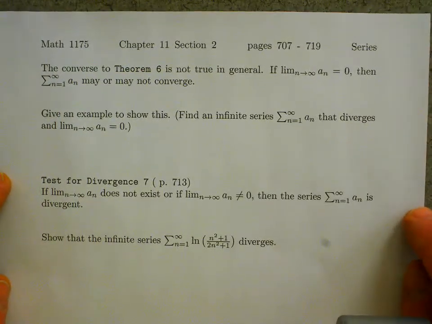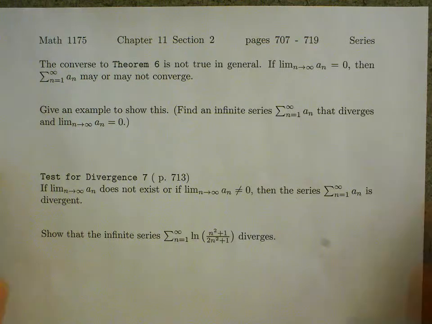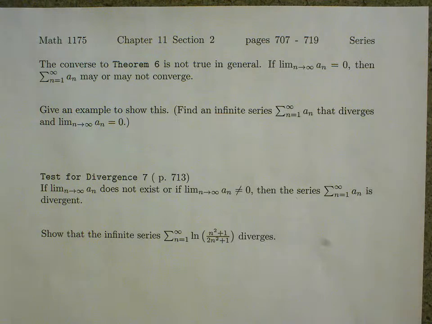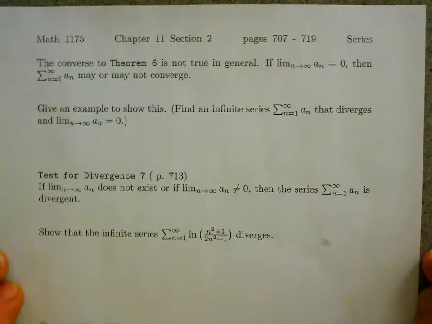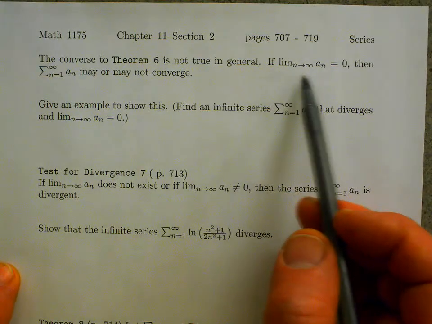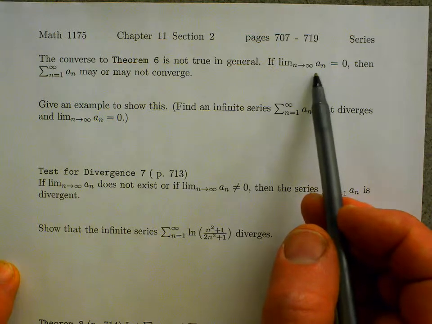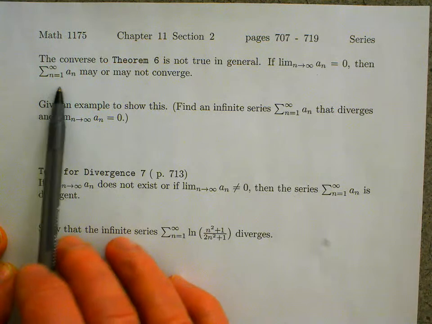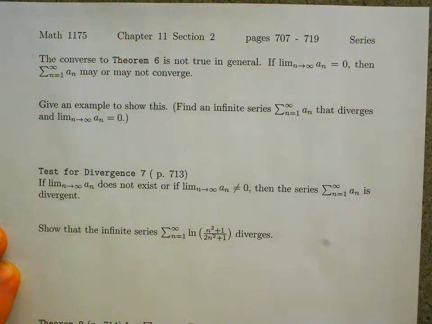But there's an important note, and that is that the converse to Theorem 6 is not true in general. So if the limit of a sequence a sub n is equal to 0, then the corresponding series of a sub n may or may not converge.